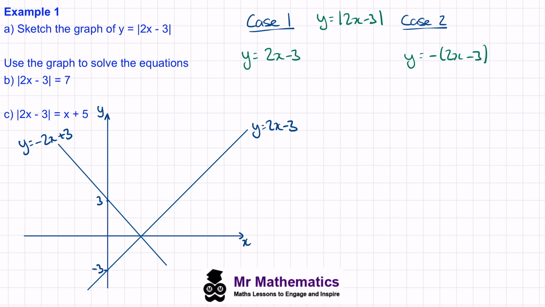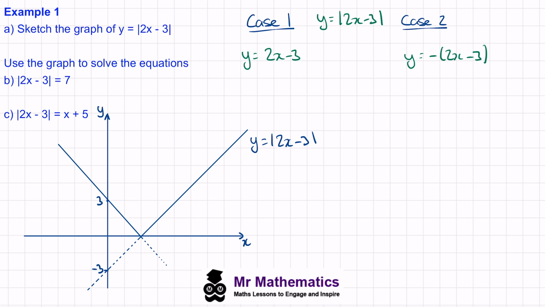So the modulus will look like this V shape, where we go down to the x-axis, which is when it's equal to 0, and then back up. So to make it clearer, I'm going to dash this one and this one. And I'll label what's left as y equals the modulus of 2x minus 3. So I'll delete this as well.